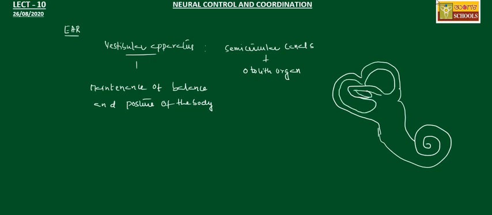This is how it looks. This is the cochlea part. Here you will find the oval window, and below this is the round window.